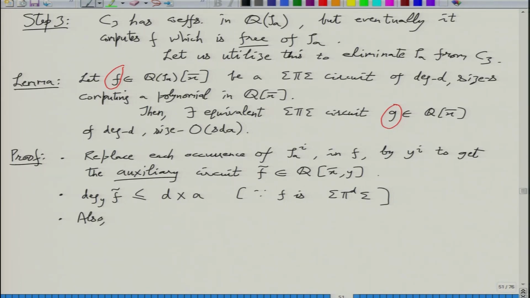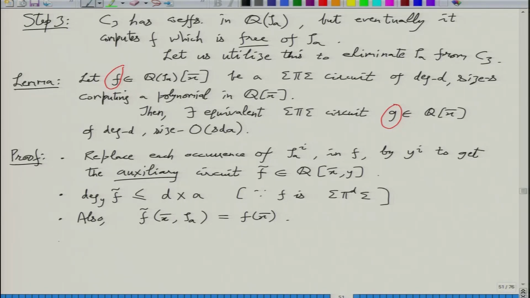Also, the important thing is that from F tilde you can recover F by substituting y equal to, well, the definition, y equal to zeta a. So F tilde knows about F.